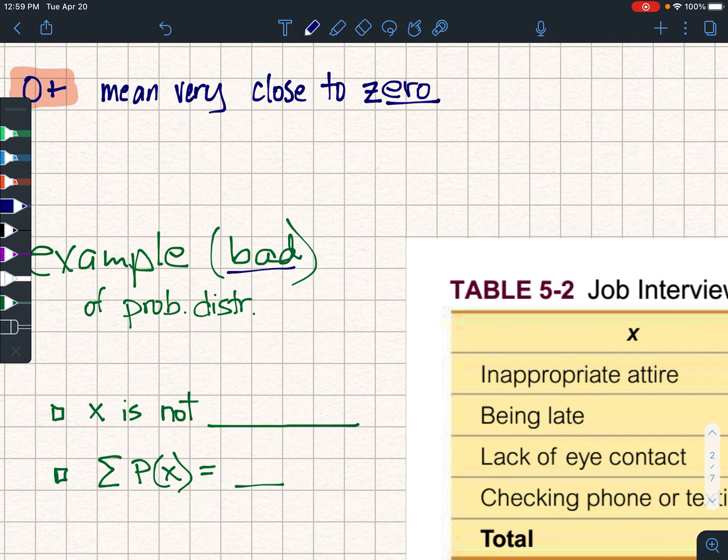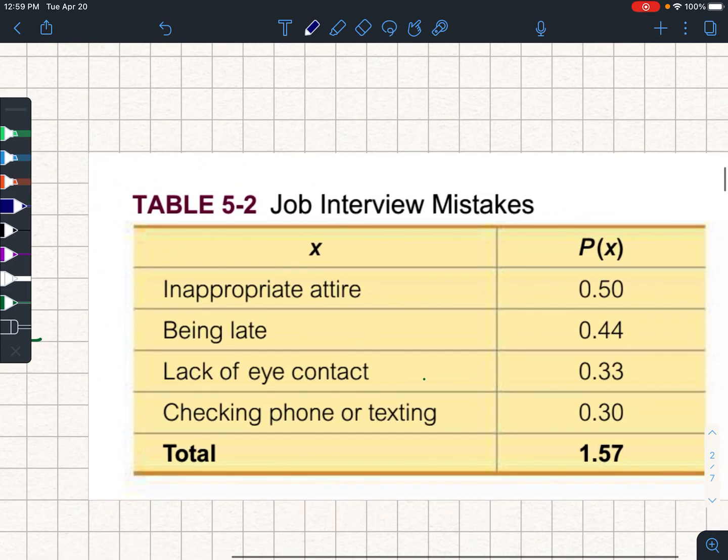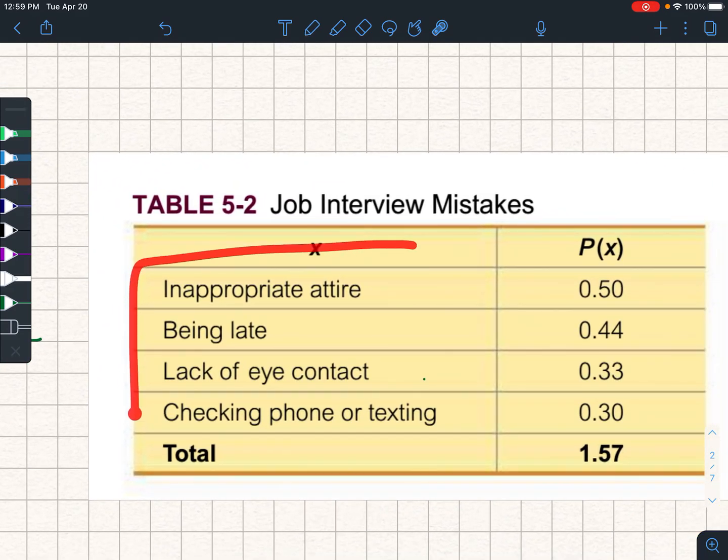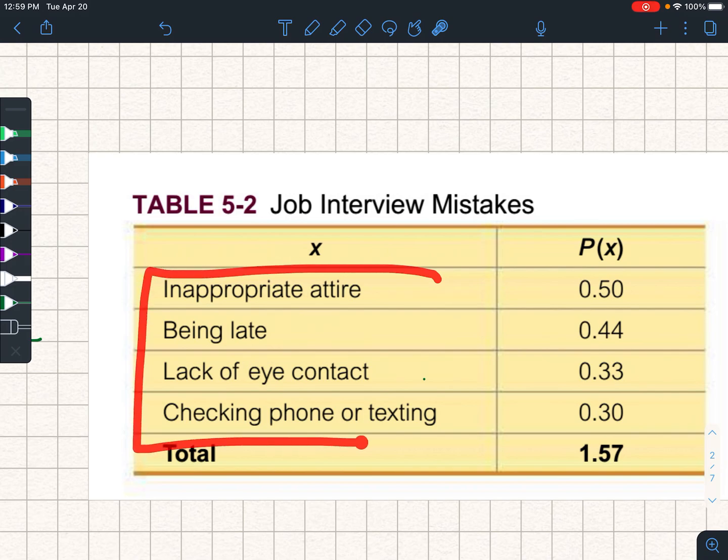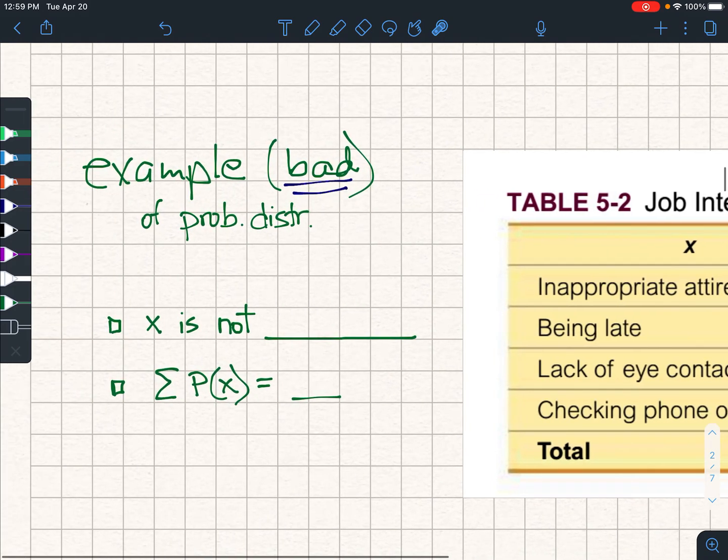All right, here is an example of a bad probability distribution. First of all, notice X is not countable, right? These are not items which are numerical. So that's a problem.